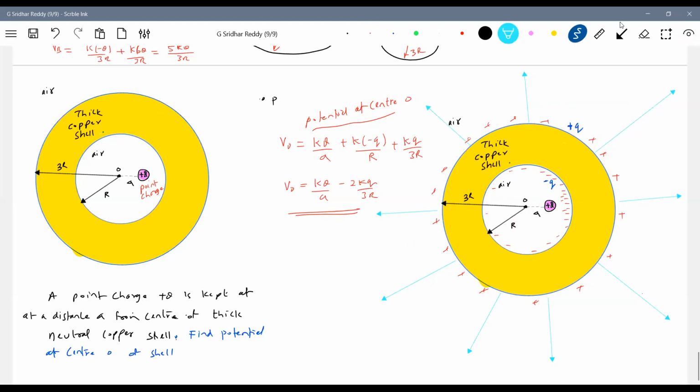So what is the field strength at a point P? It is just given by kQ by r square, because this field is produced similar to that of a uniformly charged conducting sphere. This is valid only when r is greater than 3r.